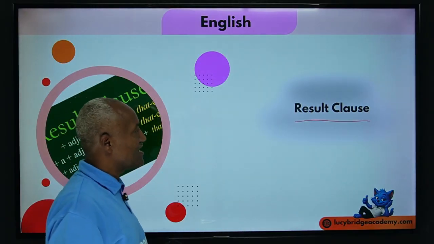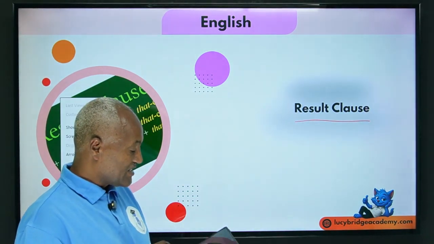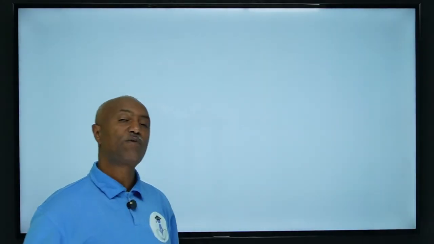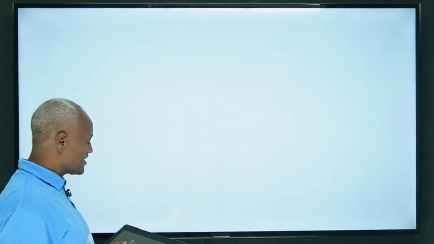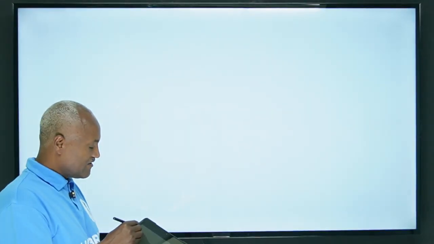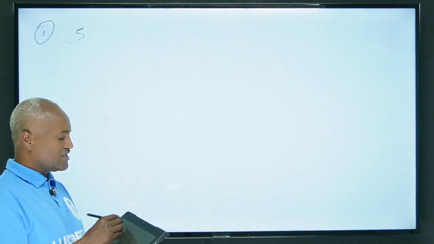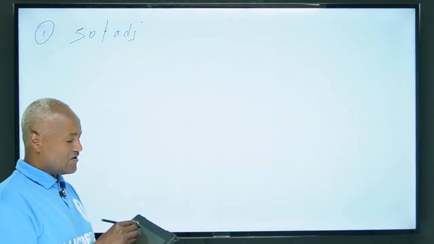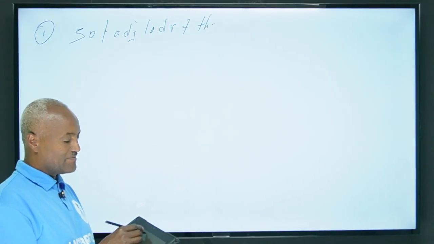When we see a result clause, let me give you some explanation. Similar to the purpose clause, we have different patterns. But first, let's see this one. When you intend to state a result, the first pattern that we use is this structure: so plus adjective or adverb plus that.